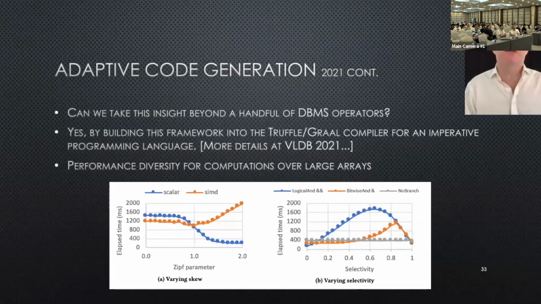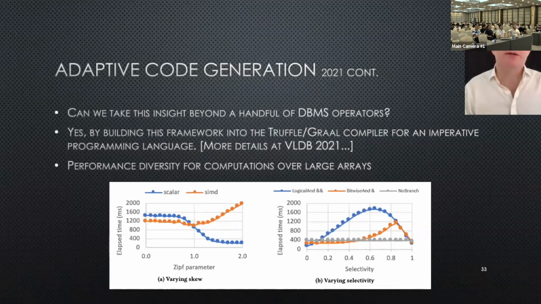Rather than just optimizing a handful of database operators, can we take an arbitrary compiler for a programming language, such as the Truffle-Graal compiler, and have the same kinds of built-in optimizations? If you have a loop, like the selection loop we talked about earlier, can the compiler automatically figure out which variant of the algorithm works best?